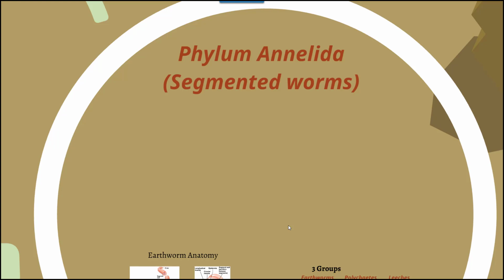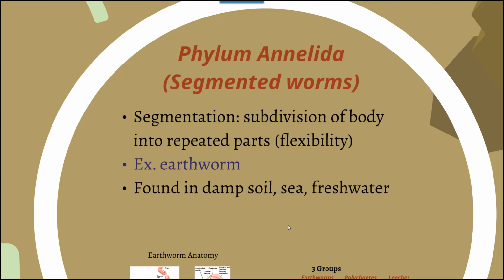Next we have the phylum Annelida, next on the complexity scale. The phylum Annelida is going to consist of segmented worms. The segmentation really just refers to the subdivision of the body into repeated parts for flexibility. But to be honest, I think of the segmentation more on a macro scale.